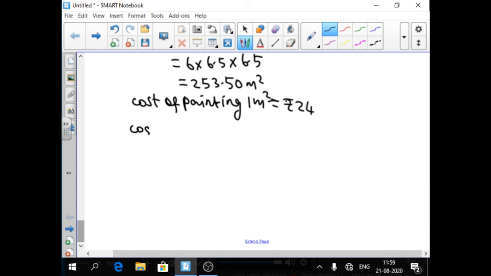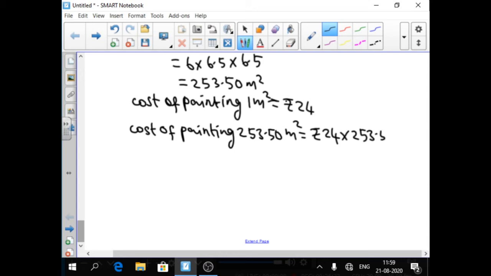Cost of painting 253.50 meter squared is equal to rupees 24 into 253.50.